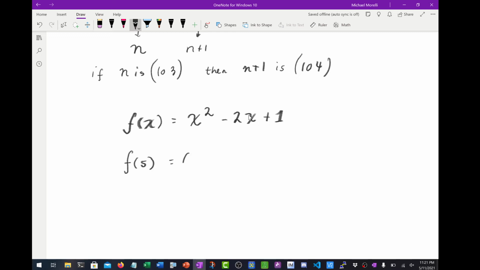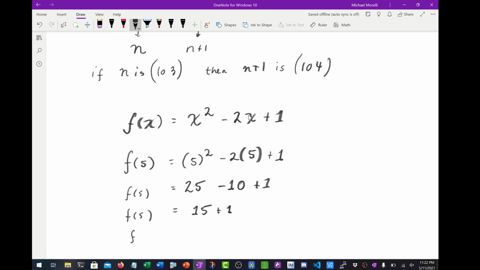So that's going to equal 5 squared minus 2 times 5 plus 1. 5 squared is 25. 2 times 5 is 10, plus 1. So left to right, this is going to be 15 plus 1. So f of 5 equals 16.